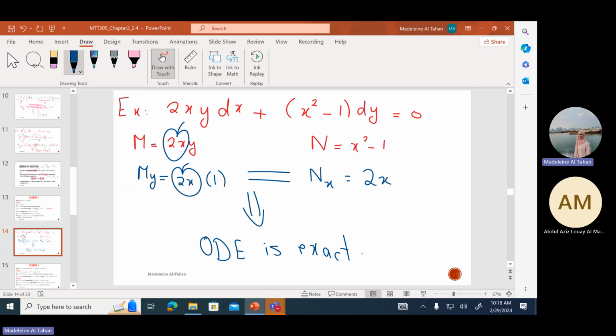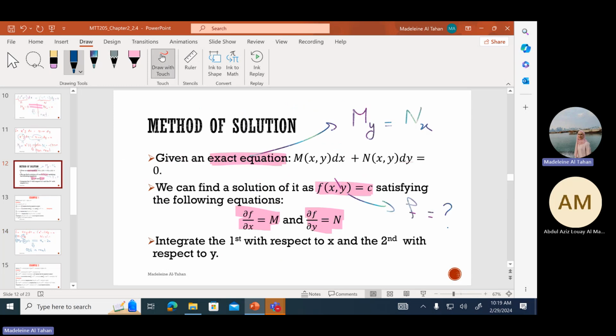Okay. This is our first step. We determine our M and N. The second step, we showed that it's exact. Now, what do we need to do? Find the solution. Okay, miss? Any questions before we proceed? If we go to the solution, we are saying that the solution that we will find is an implicit solution, f equals a constant, and our aim is to find what? f.